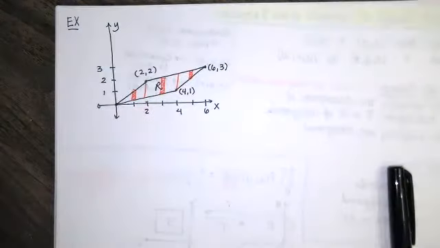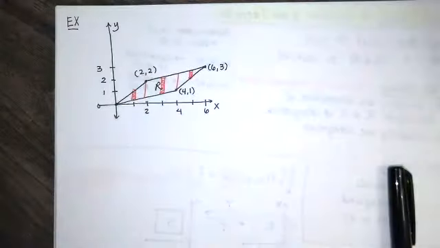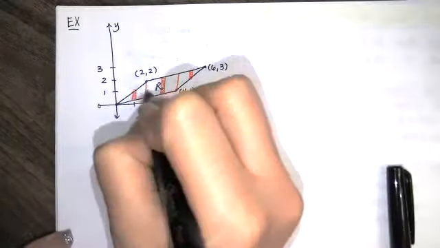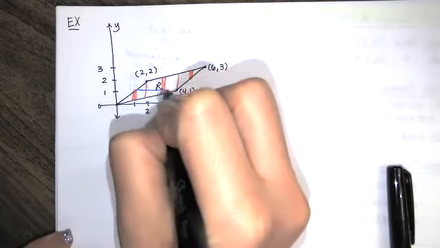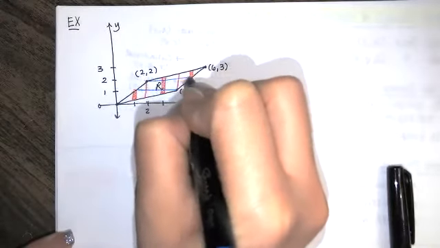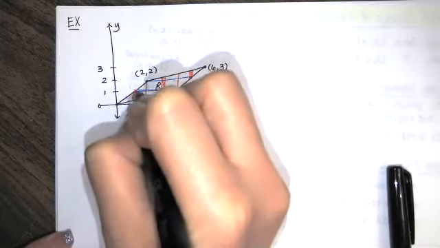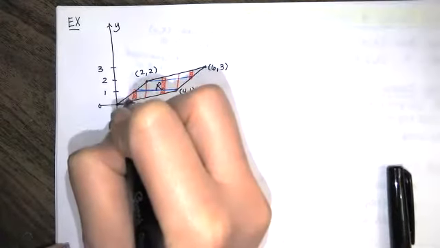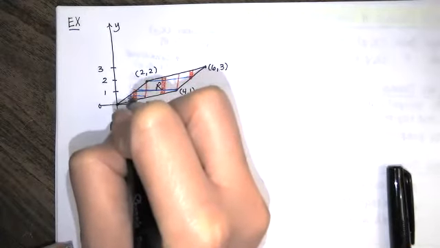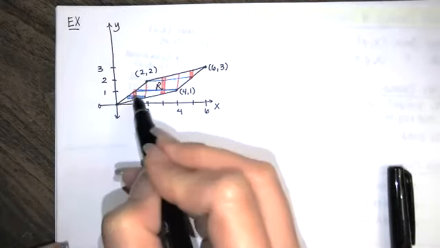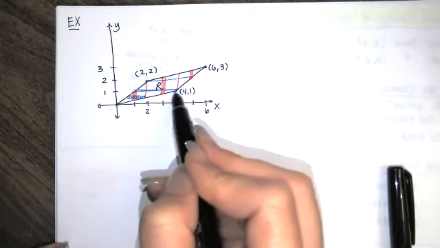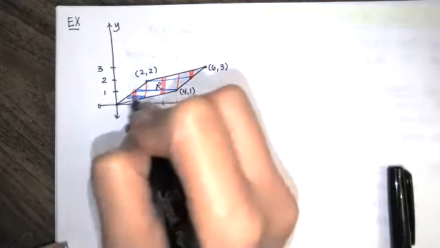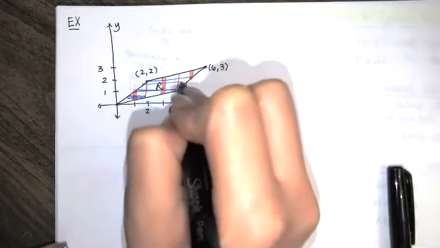You might say, but maybe we could switch directions. Instead of integrating with respect to y first and then x, why don't we integrate with respect to x first and then y? Well, even so, I would have to use left functions and right functions. You see, once I get to y equals 1, the right function switches from this line to that line.